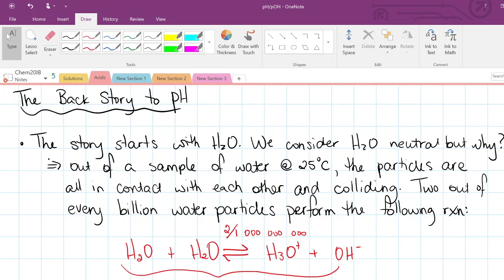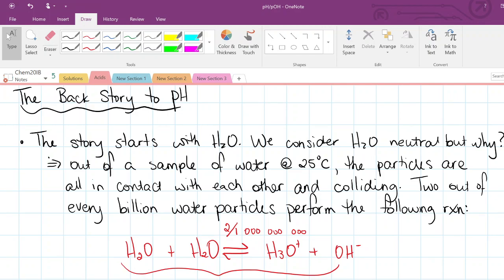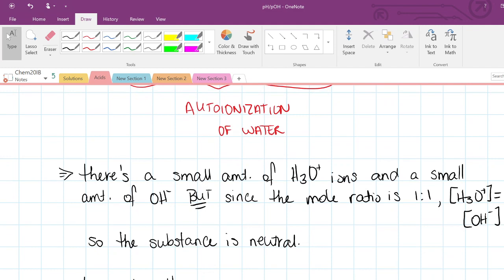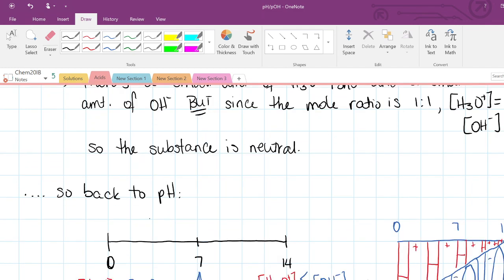And if you've got equal amounts of these two ions, that means that we have a neutral solution. If we have more hydronium, that means that we have an acidic solution. If we have more hydroxide, that means we've got a basic solution. And I've got a pretty good diagram down here for you to help you visualize that.